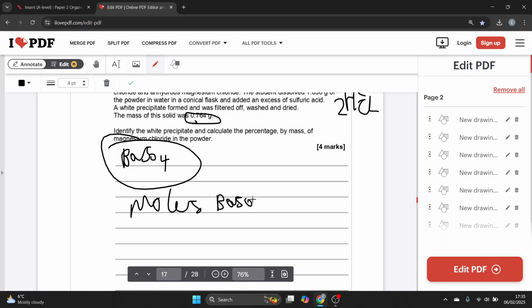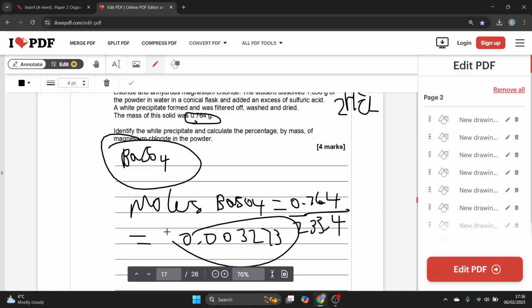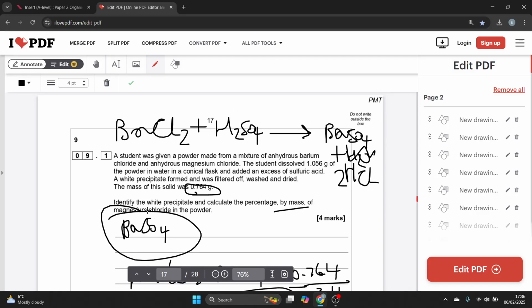I know the mass of the solid, 0.764, over the Mr. Look it up in the periodic table. You should get 233.4 as the total Mr of BaSO4. Then that will give you the moles, which is 0.03273 moles.